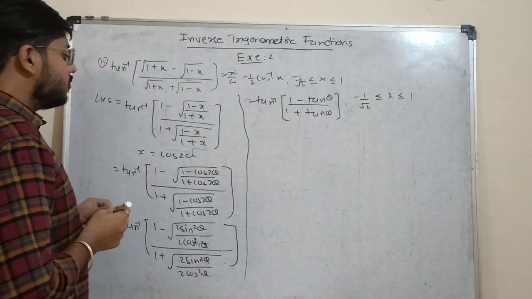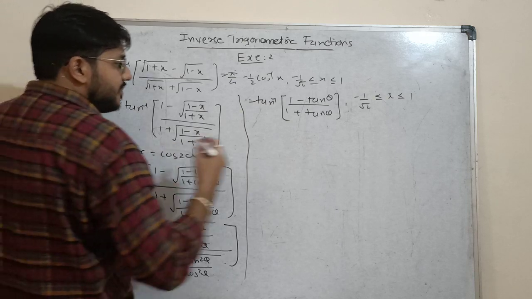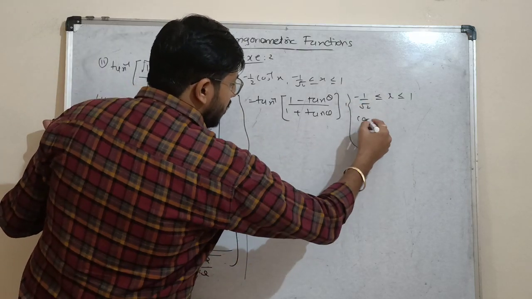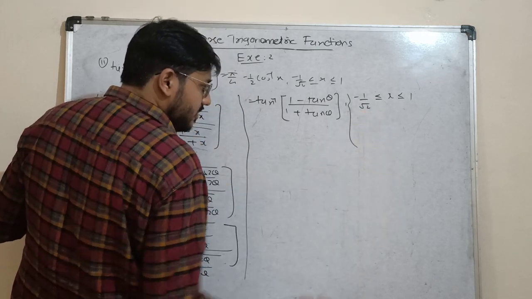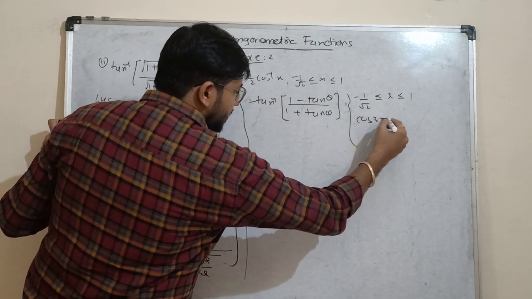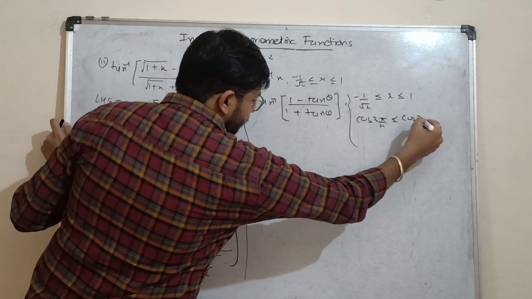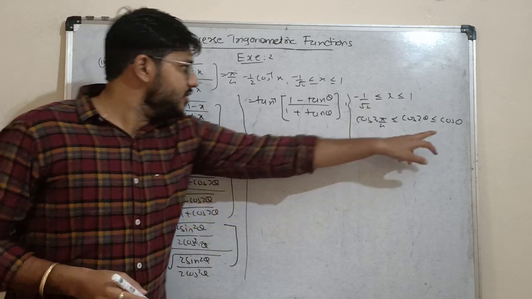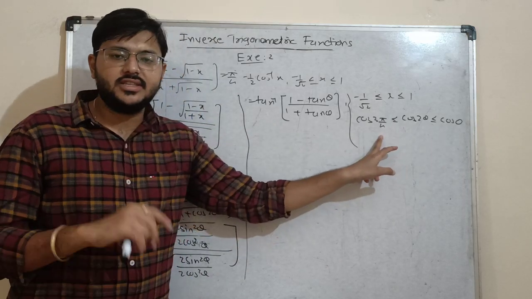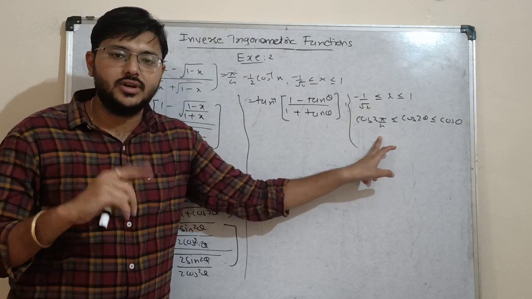So now let us put all these values in terms of cos. Okay, so we know that cos 3 pi by 4 is minus 1 by root 2, so it goes from cos 3 pi by 4 to cos 2 theta and cos 0. Now 0 to 3 pi by 4 represents the first and second quadrant, and in both quadrants cos is decreasing.